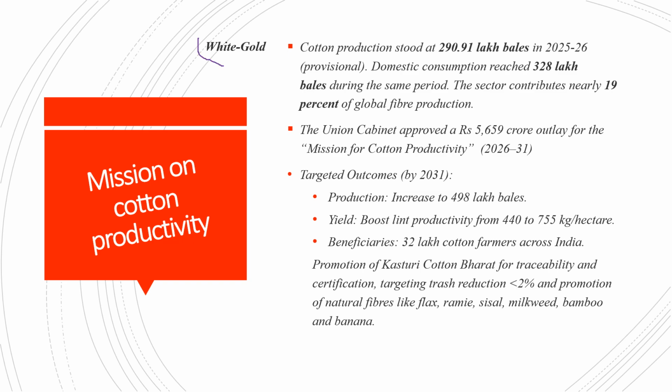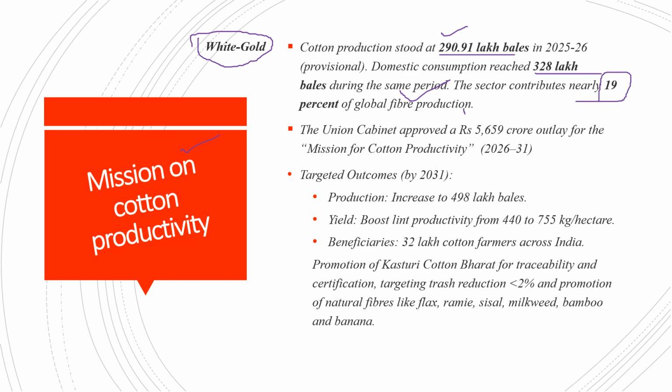So cotton is called white gold. Recently, the government has introduced the Mission on Cotton Productivity. If you look at the recent statistics for the 25-26 year, 290.91 lakh bales is the production, where 328 lakh bales have been consumed domestically. The sector's share in global fiber production is about 19%.